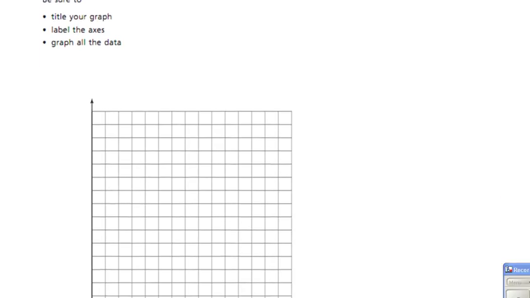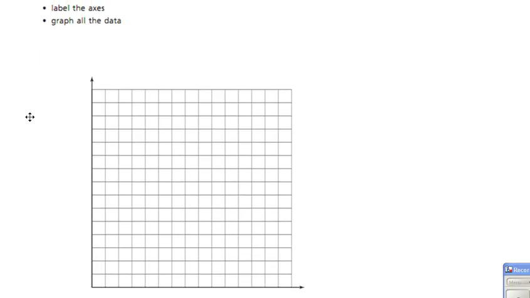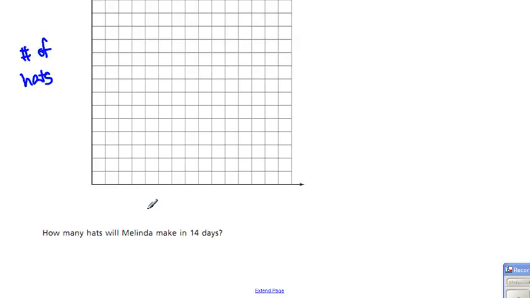Now, that means if this one is the number of hats right here, and here number of days. So this is 0, 0. This is 2, 4, 6, 8, 10, 12, and 14.